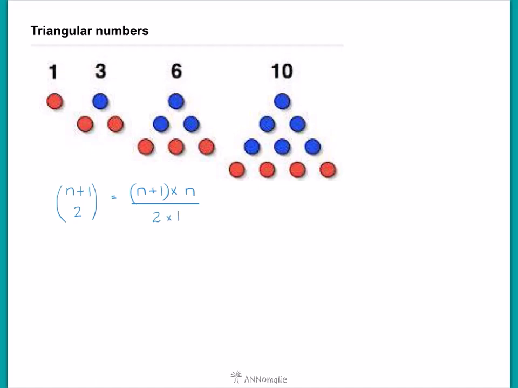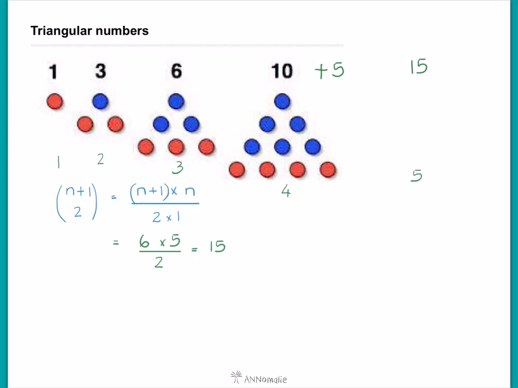Now, this is the first triangular number 1, number 2, number 3, here n is 4. Let's say we want to find the fifth triangular number. We will say 5 plus 1 is 6 times 5, and that then divided by 2, which is 15. And wow, if I add 5 to 10, the next triangular number, we will find 15.